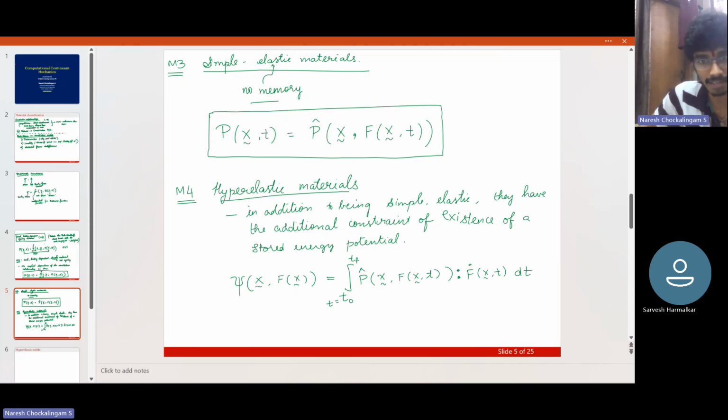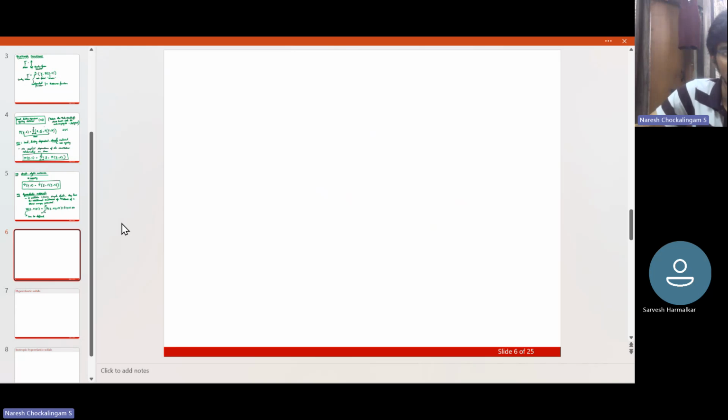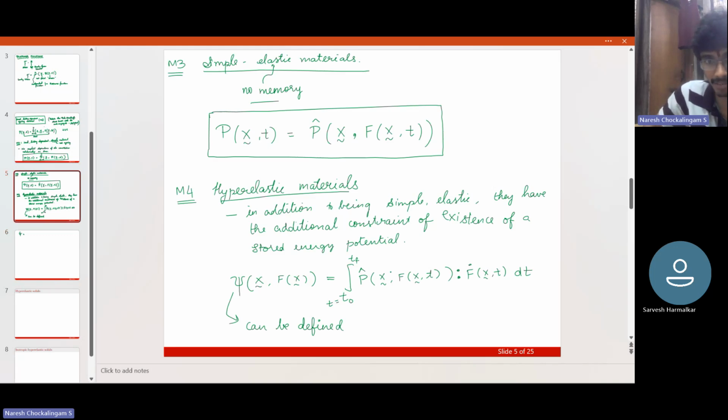So when it is path independent, this can be defined beforehand. So for hyperelastic materials, this function can be defined beforehand. Conversely, once you can define a stored energy function, if you look at the material time derivative of the stored energy function, you just remove the integral, and whatever is inside is the material time derivative.